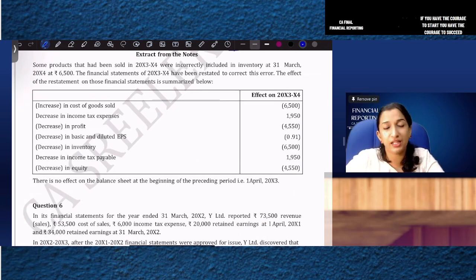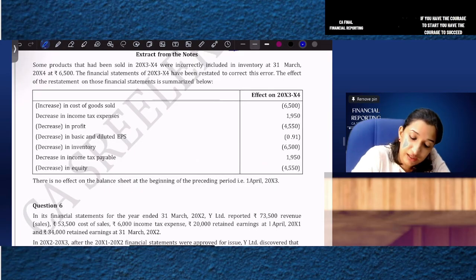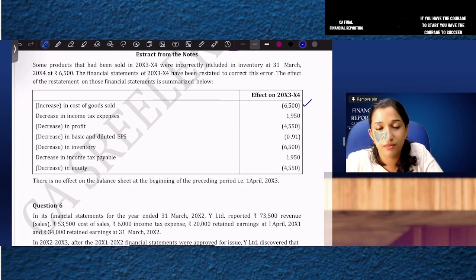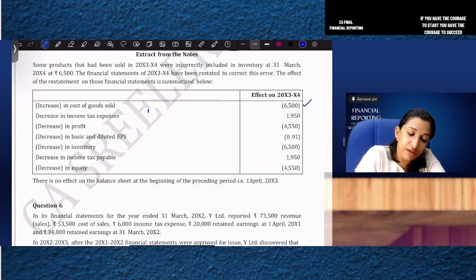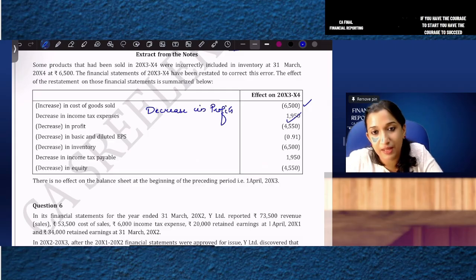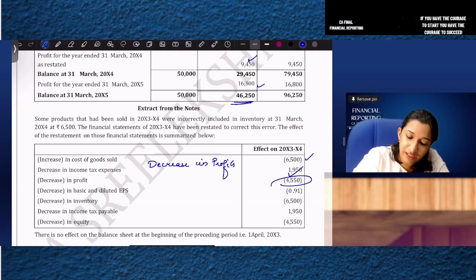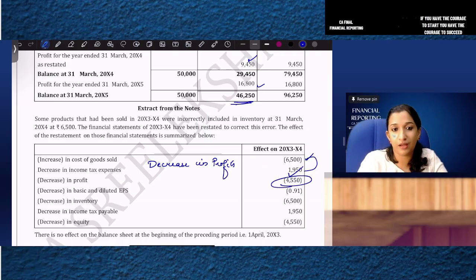In 13-14, that is previous year, increase in cost of goods sold. So an increase in cost of goods sold means decrease in profits. Decrease in profits means decrease in income tax. So overall net effect in profits. Okay. So effect in basic and diluted EPS.